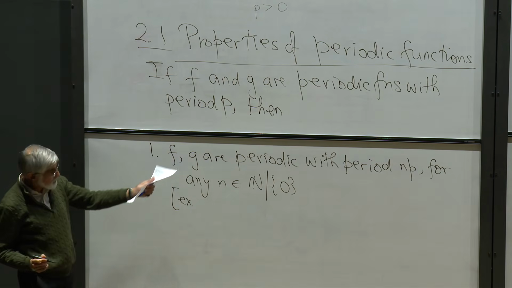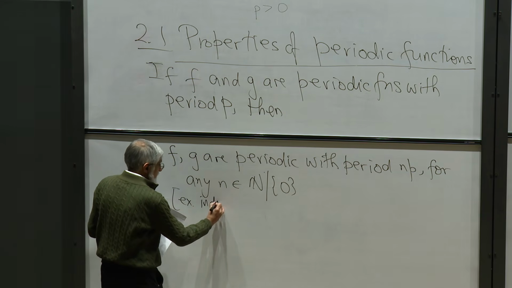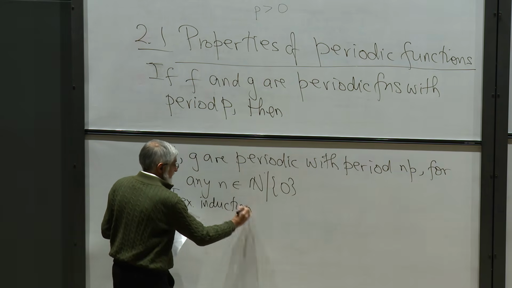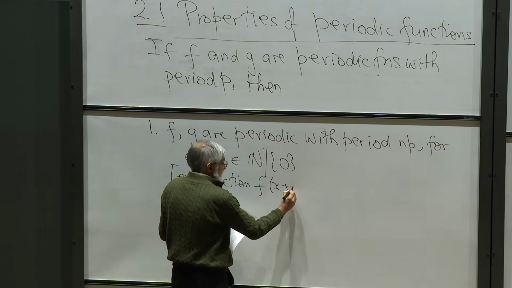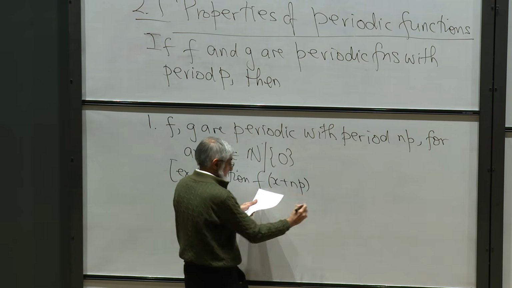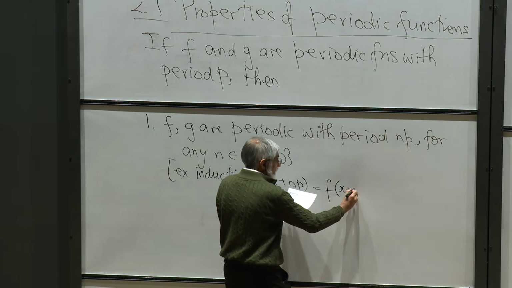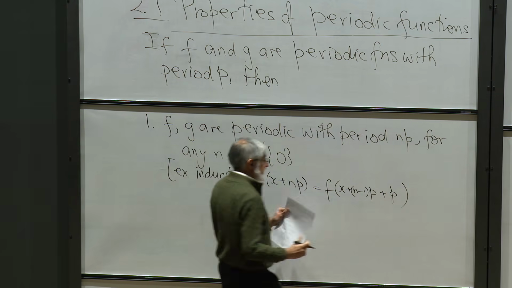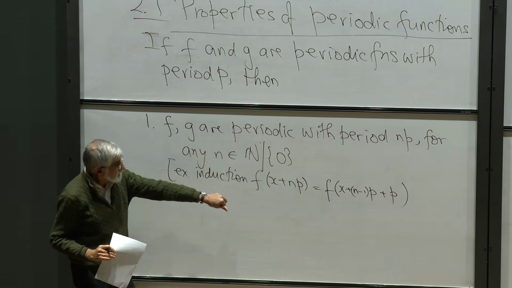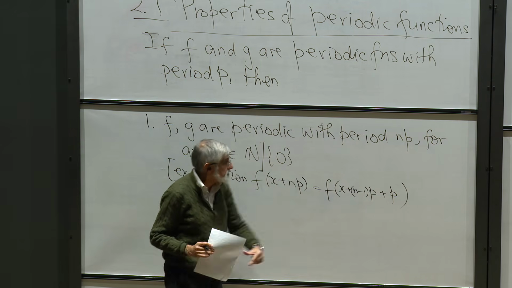The way you do that is proved by induction. So I leave you to fill in the details here. But what you would do is you would say f of x plus np we write as f of x plus n minus 1 p plus p. So what we've done there is written this as n minus 1 plus 1.